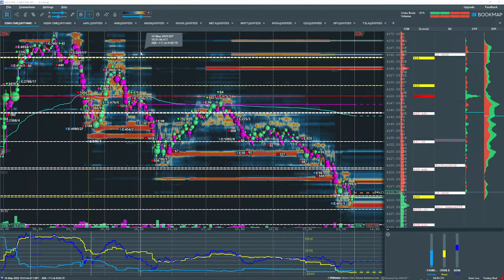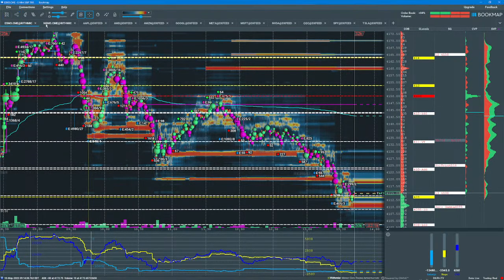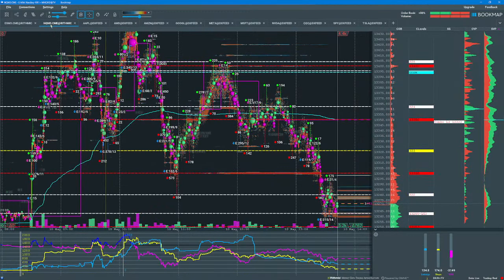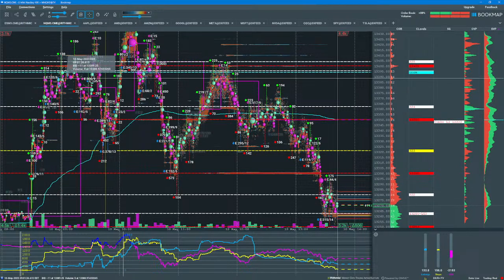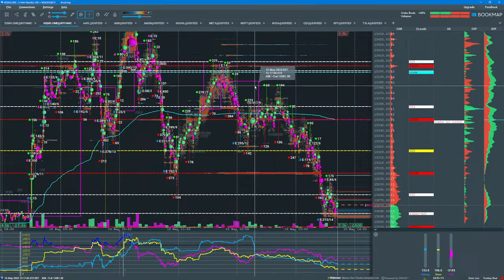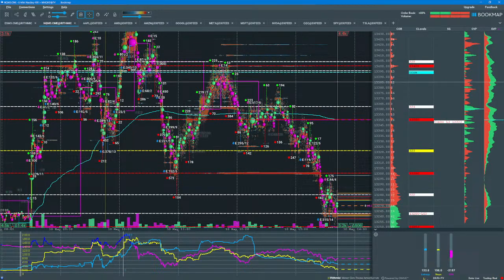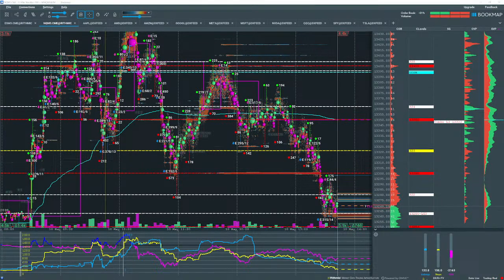Now let's take a look at the NASDAQ. So here's the NASDAQ futures, NQ, showing the sharp move higher right after the CPI report, and resistance primarily at the QQQ 325 call wall.